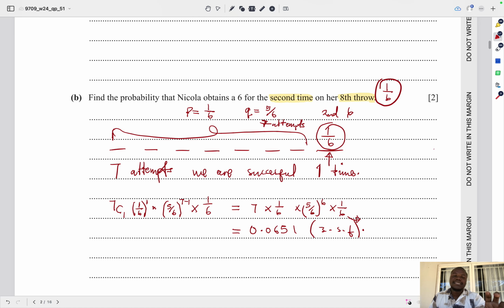This changes the question to binomial, because for the first 7 throws we must only be successful one time. This 7 gives us a fixed number of attempts, and once we have a fixed number of attempts, then we know we are dealing with a binomial distribution.